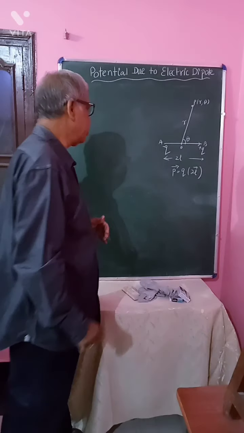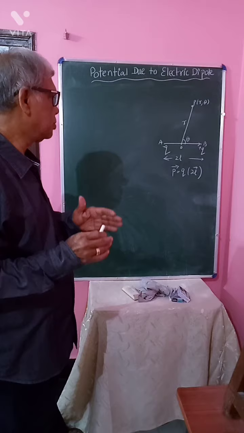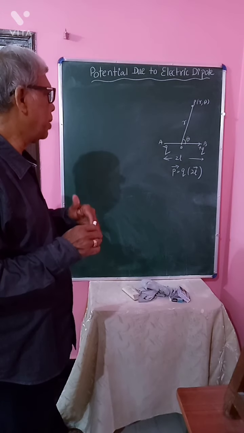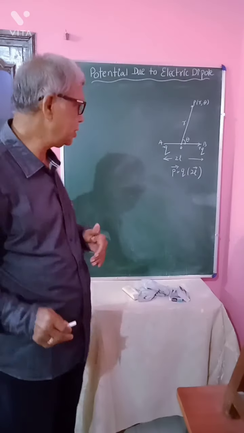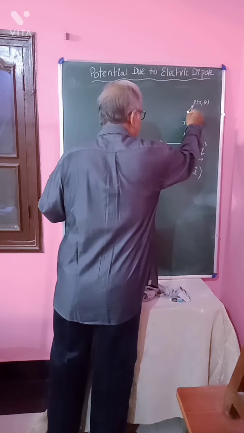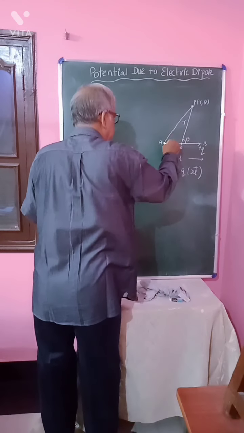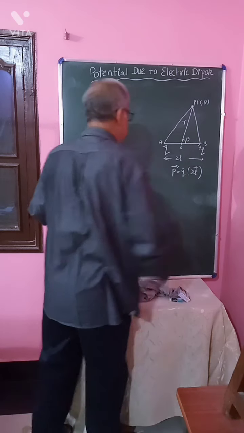We shall use vector methods for finding the potential. Potential is a scalar quantity, you know. Now, join point P with point A, and join point P with point B.